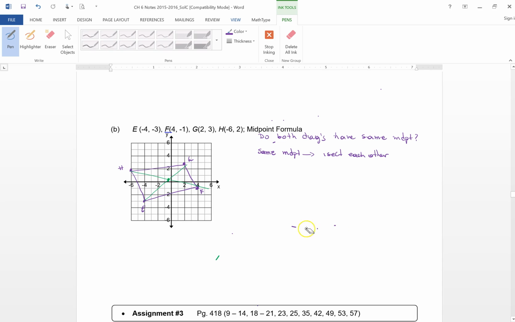Alright, so let's find the midpoint of GE.